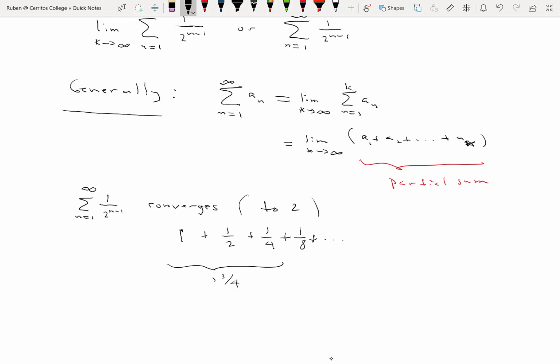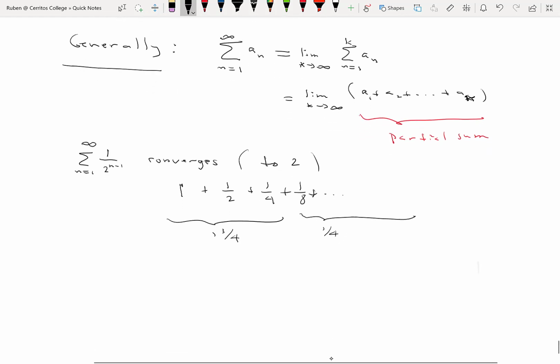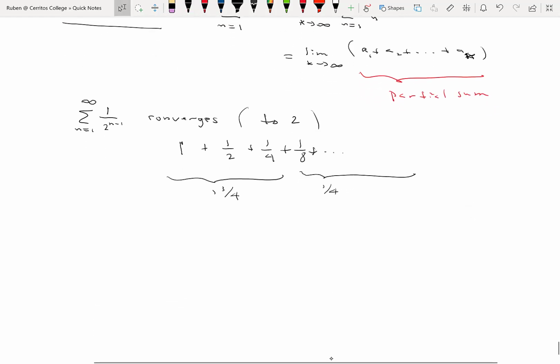The other 1/8 plus all the way out to infinity just equals a quarter. It's kind of bizarre that an infinite sum could be such that most of the sum occurs in the first few terms.